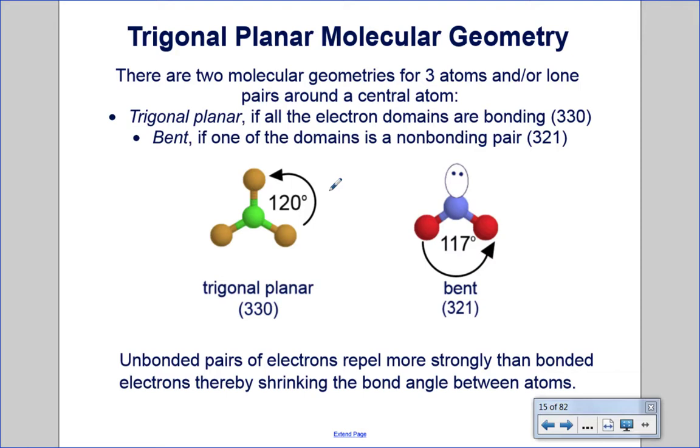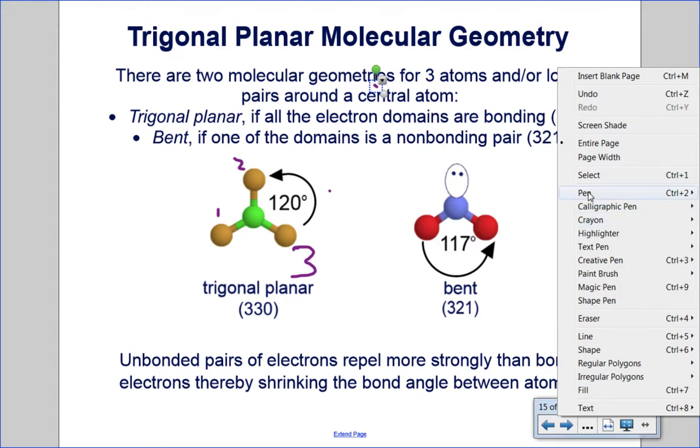And again, it's extremely helpful for all of these to have a model kit and actually look at the models while you're doing this. So, trigonal planar, right here, 1, 2, 3 atoms bonded to the one central atom. In each case, the angle is 120 degrees. Now, in the case of bent, you have the one unbonded pair.